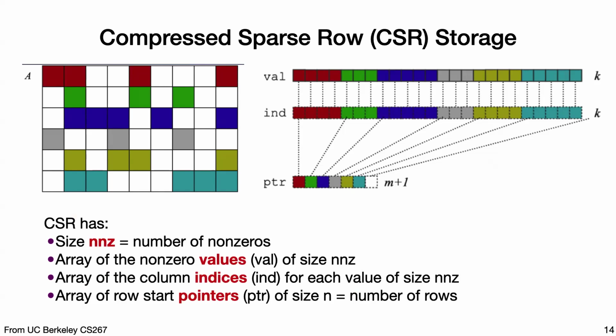But the row ID is implicit in the start pointers. And so that's why we only need to store column ID and value, of length NNZ. And finally, there's the pointer array PTR, which has size equal to the number of rows. So there's one entry per row, which tells you where in the column ID array and the values array that row's non-zeros start.